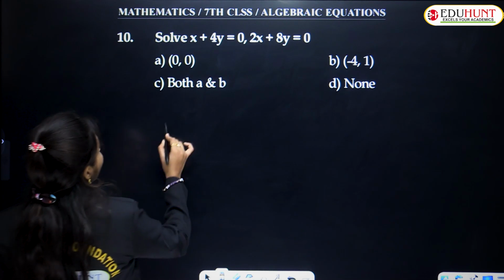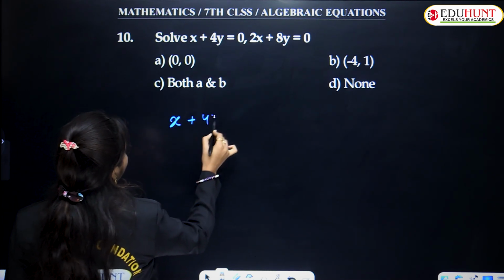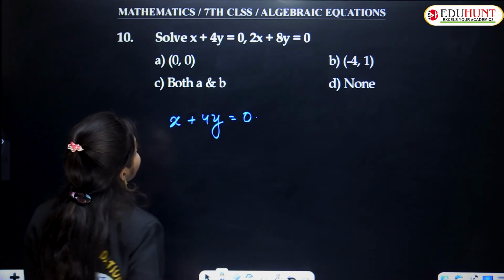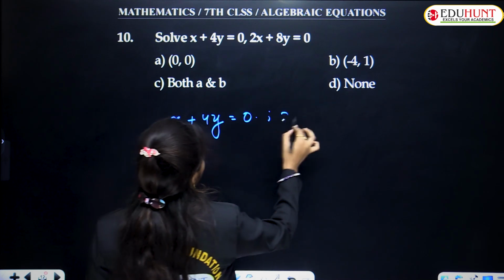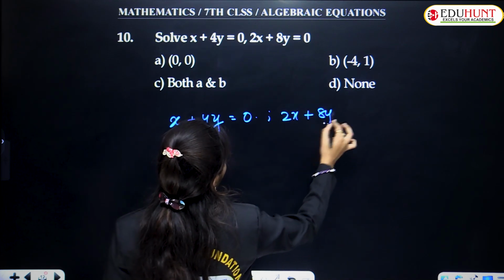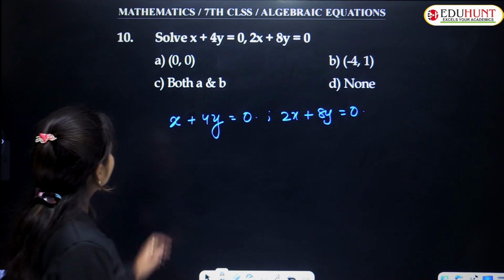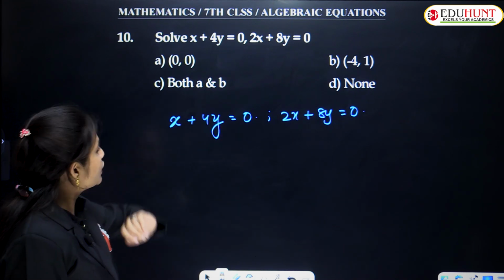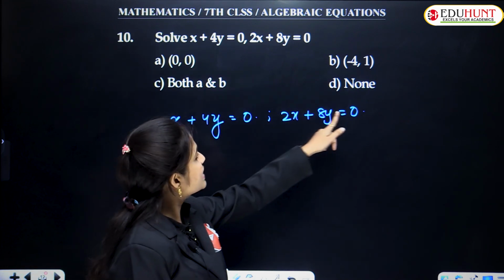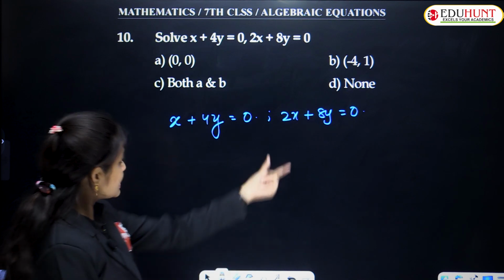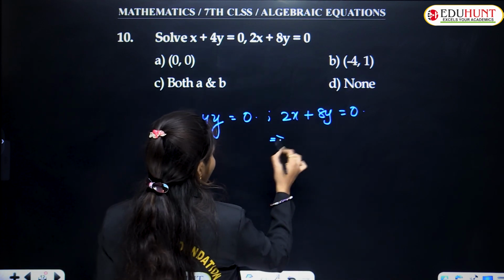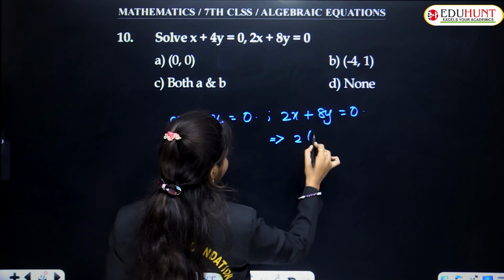See here, x plus 4y is equal to 0, and in the same way 2x plus 8y is equal to 0. So children, see here, x plus 4y is equal to 0 and 2x plus 8y is equal to 0. This equation I want to write by taking 2 as common.